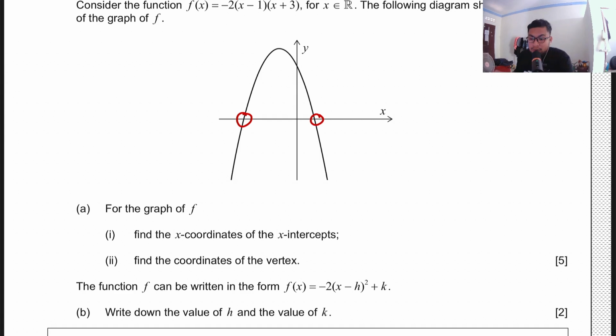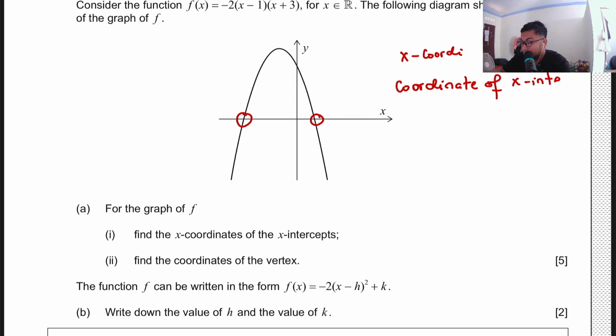Whenever they ask you about the x coordinate, there are two types of questions that they're asking. They can either ask for the x coordinate, or sometimes they ask about coordinates. Coordinates of what? Of the x-intercept.